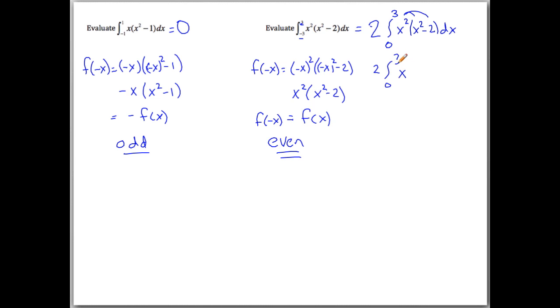So we're going to get x to the 4th minus 2x squared dx. And so this is going to be 2x to the 5th over 5 minus 2x cubed over 3, and this is going to be evaluated from 0 to 3.